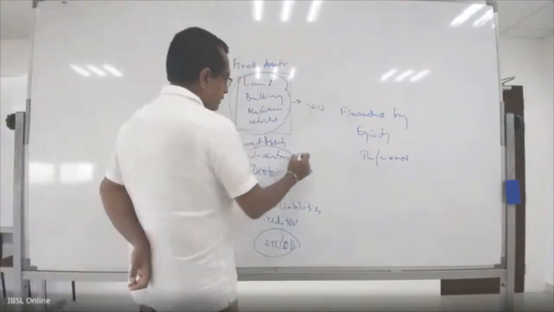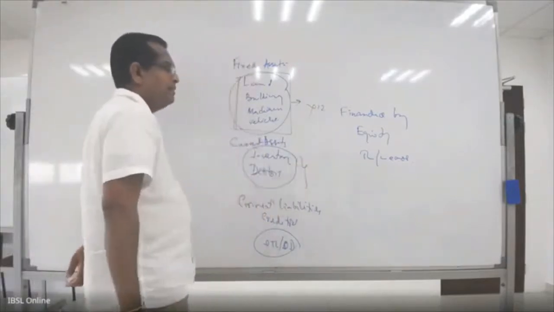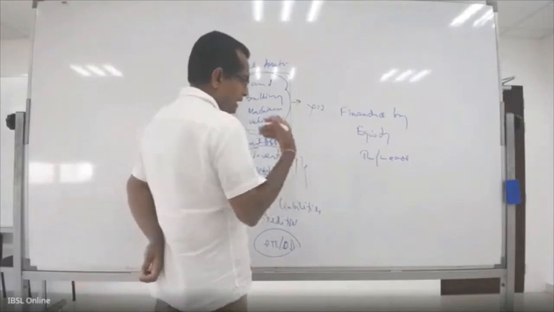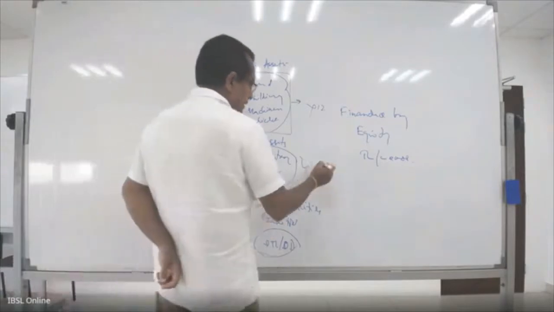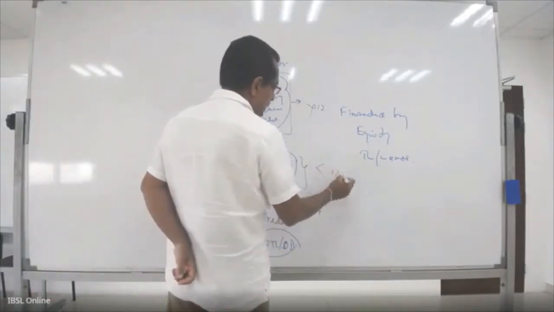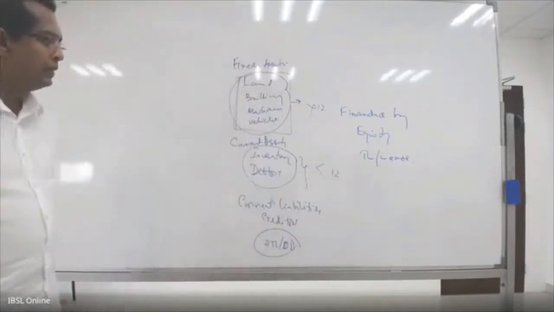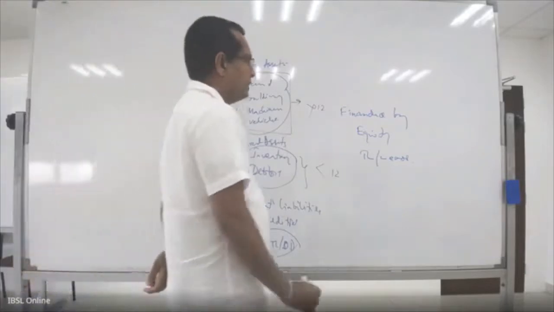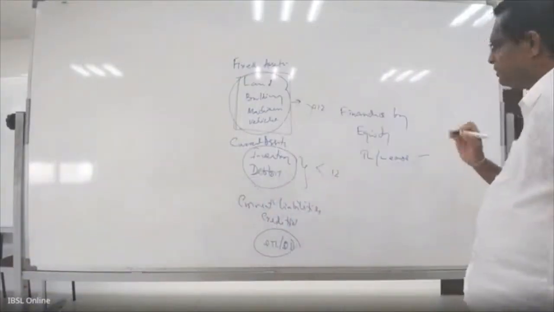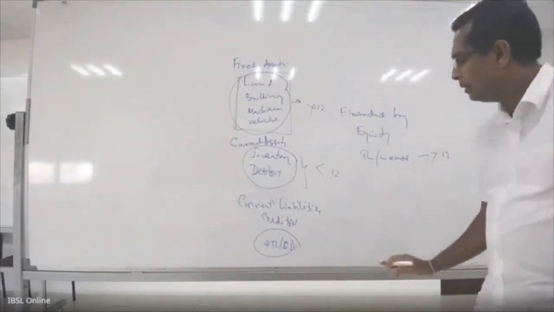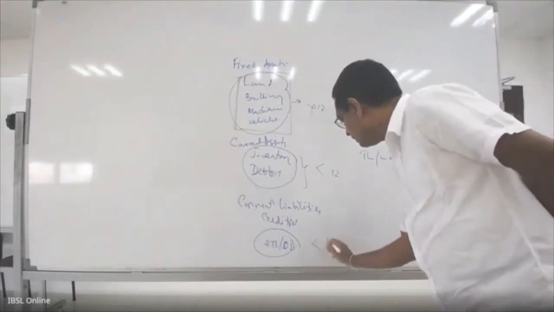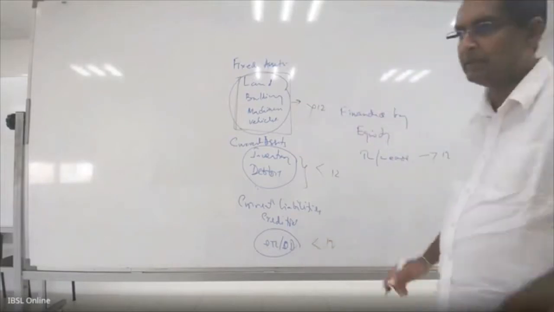Current assets are where we can convert the asset into cash within 12 months. That means useful life is less than 12 months, right? Similarly, term loan repayment will be more than 12 months, whereas short term it is less than 12 months.